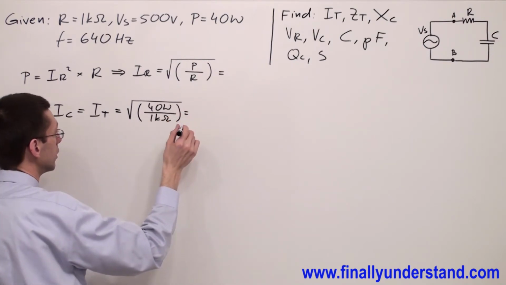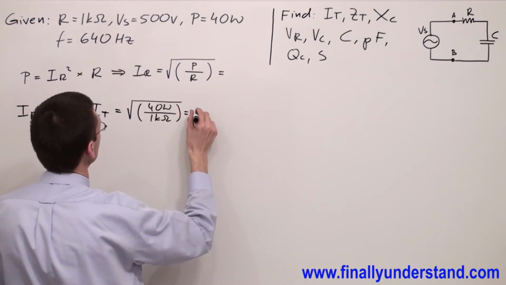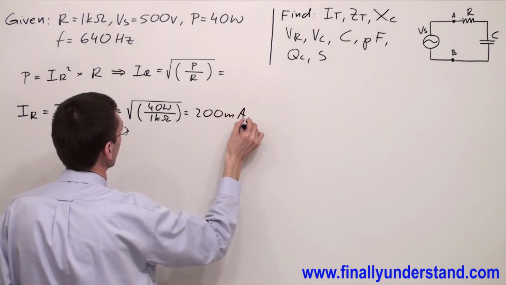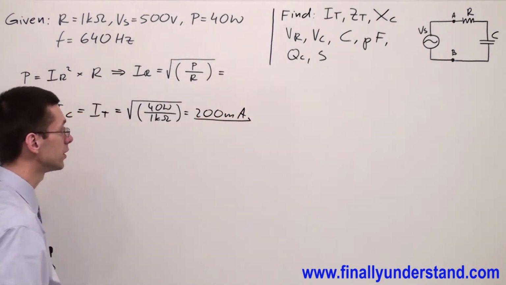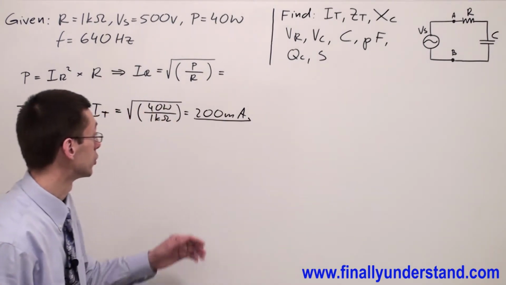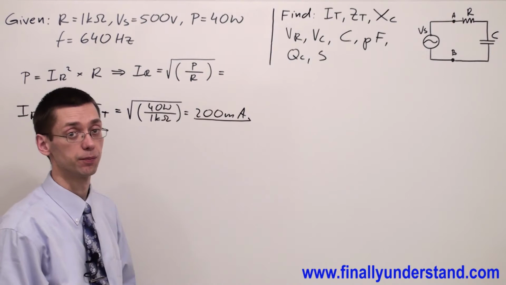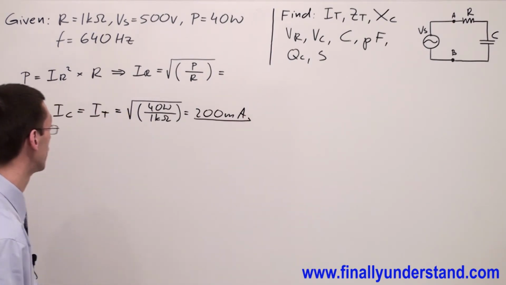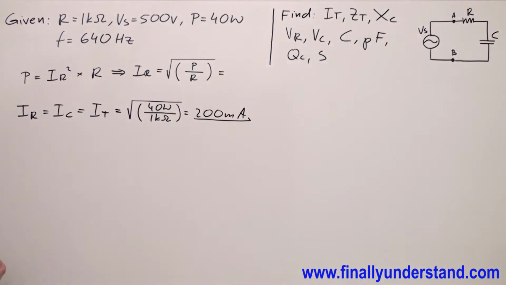This is equal to 200 milliamps. But this answer is not full. I mean, it's not complete because we are missing the angle. But we are going to find the angle soon.